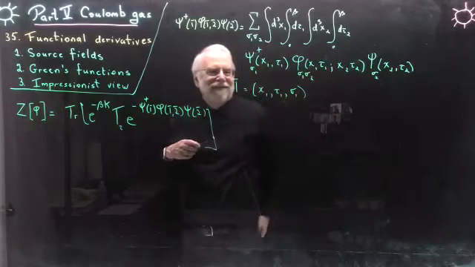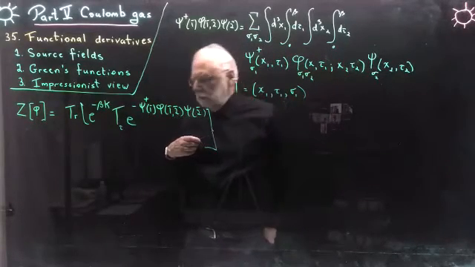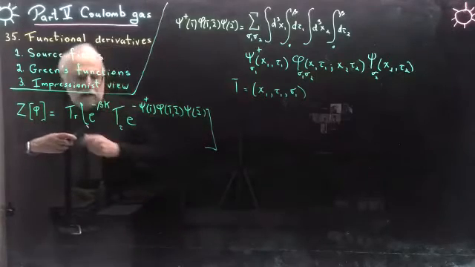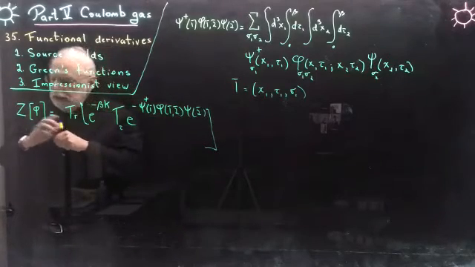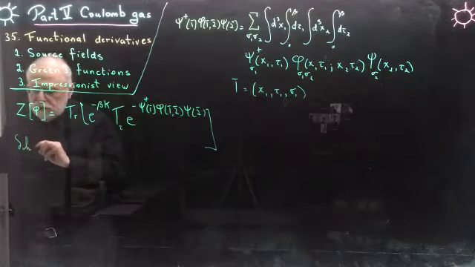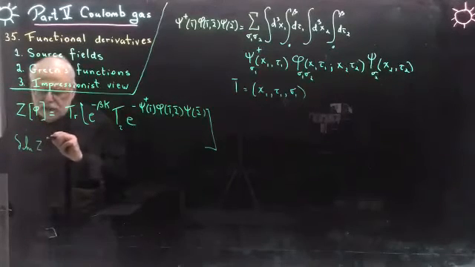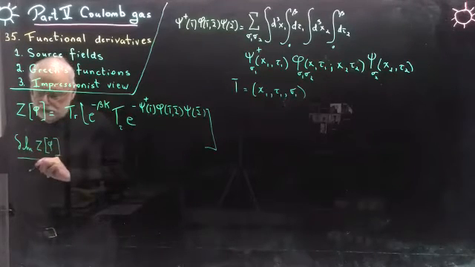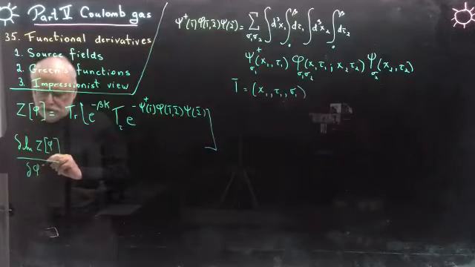Okay. So now let's see what happens if I take the functional derivative of log of Z of phi with respect to phi 2, 1.